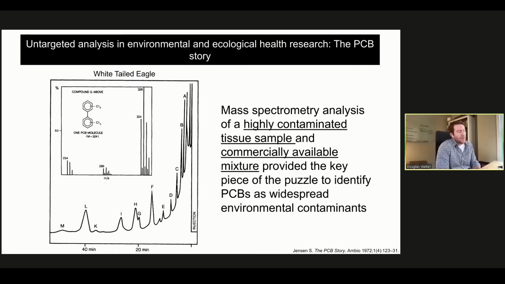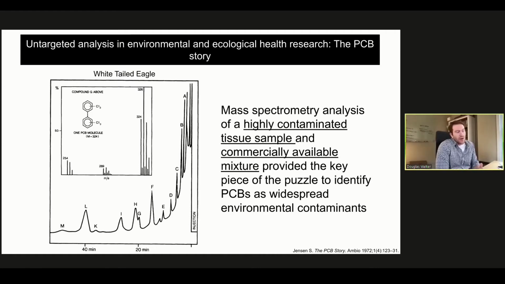And I'm sure, as many of you know, these are some of the most widespread persistent organic pollutants in the world. They've been linked to a number of health outcomes and have been studied, probably more than any other persistent organic pollutant to date.